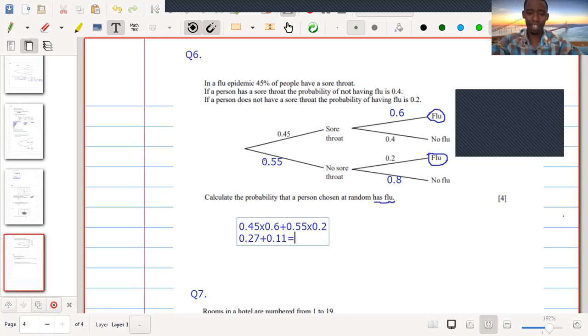Then you add them together. So we shall have 0.11 plus 0.27, which is simply 0.38. This is the answer.